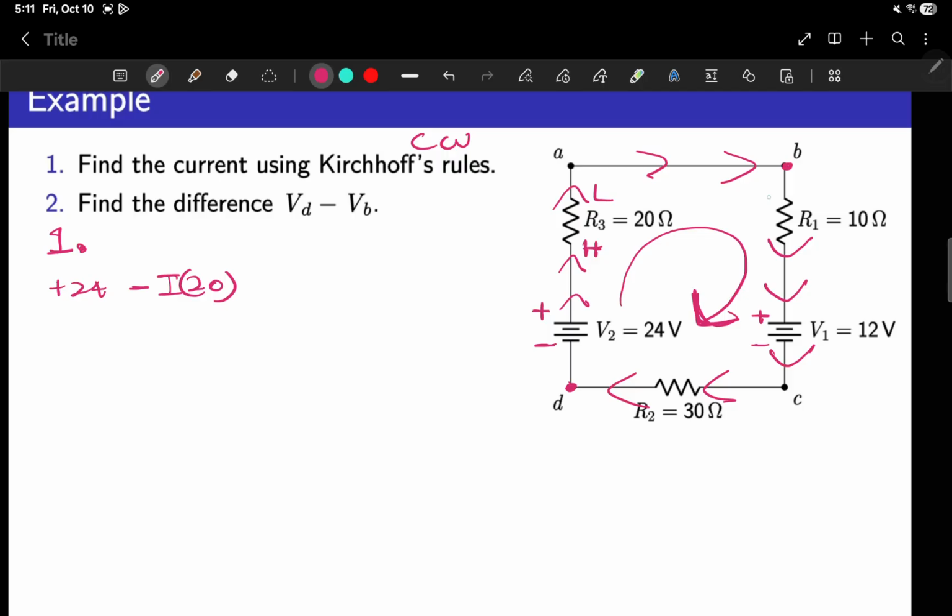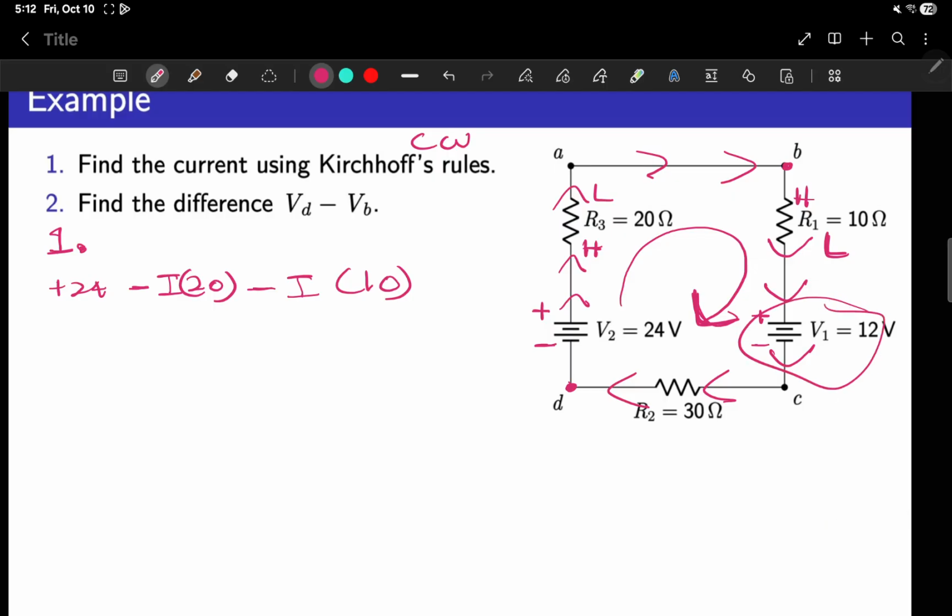Again, current flows from high potential to low potential. Final position minus initial position will give me a negative answer, because the potential at this position ends up being lower than the potential here. So negative I times 10 ohms this time.